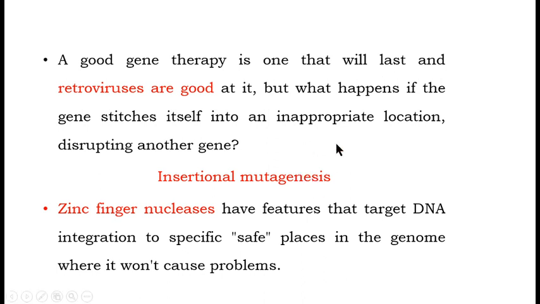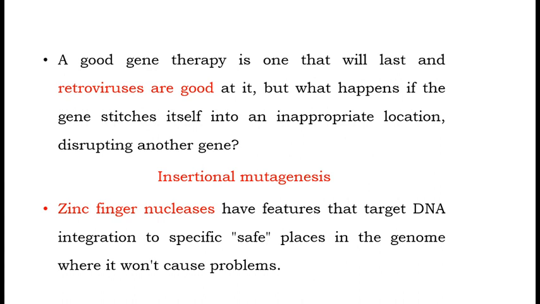One of the advantages that we discussed in the last videos about the viral vector is that retroviruses are very good at inserting the gene of interest into the genome of the host. But the problem with retroviruses was that they were causing insertional mutagenesis. This is one of the limitations of gene therapy. Retroviruses on one side are very good because when they insert the gene of interest into the host cell, that gene of interest becomes a permanent part of the genome, which is then transferred to the next generation of the cell.